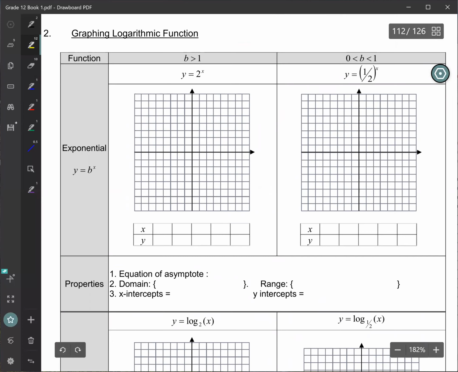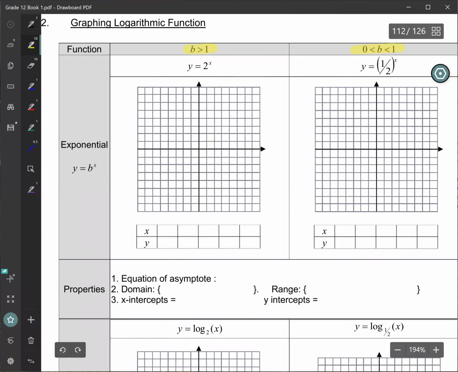Same thing, the base is also divided into 2 kinds. Let's look at the example we have. One is y equals 2 to the x, as an example. Y equals 3 to the x will look similar, and will also be increasing.